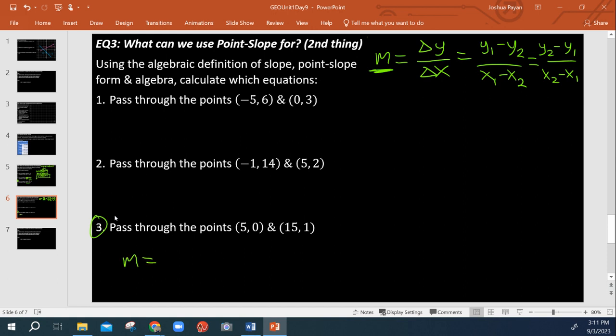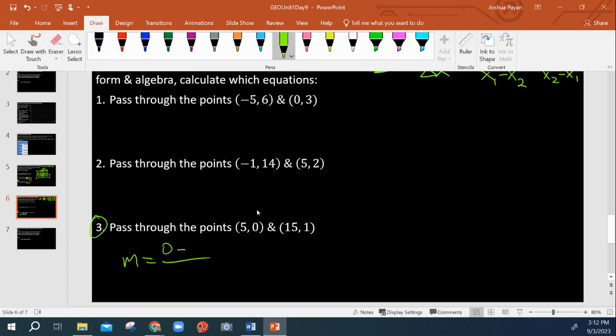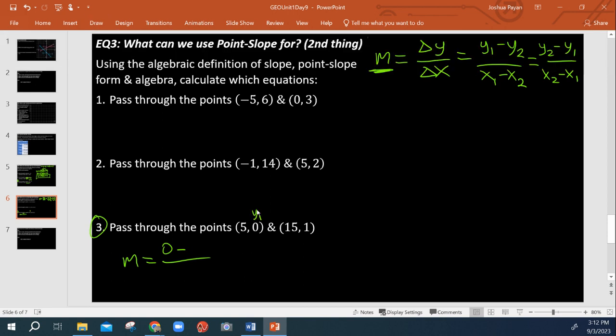So m equals y1 minus y2 over, oh, good Lord. Okay, this is why it's important to label. y1 minus y2 over x1 minus x2.